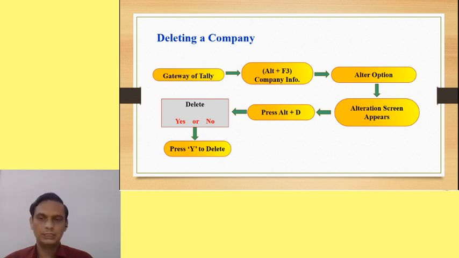If we press yes, the company will be deleted. If we press no, the whole process will be cancelled. So remember that when we delete a company, we destroy all the data from our computer system and it can never be accessed again.